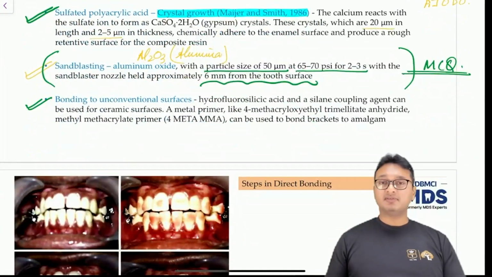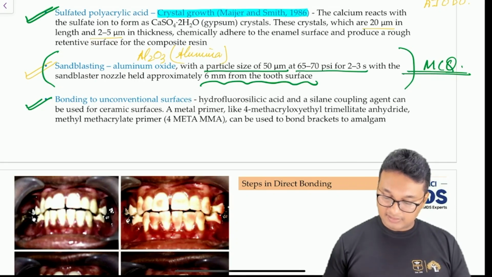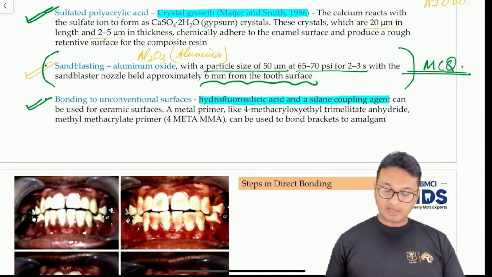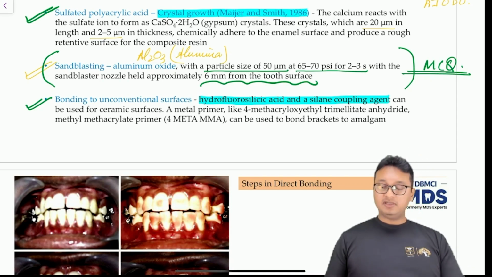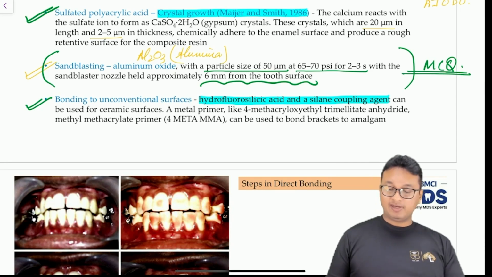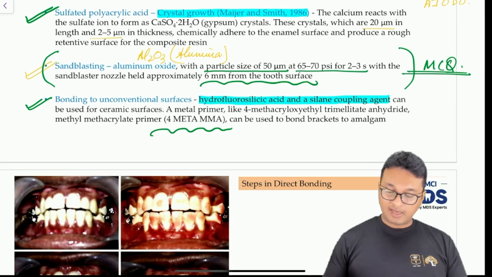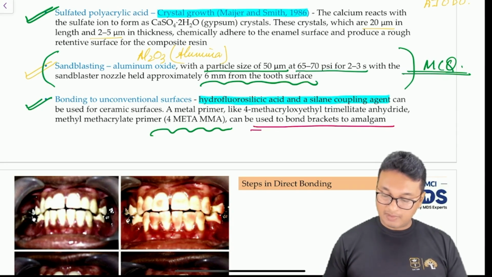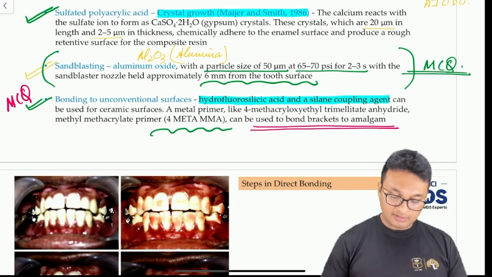So whenever you come across some unconventional surfaces, hydrofluorosilicic acid and a silane coupling agent can be used for ceramic surfaces. A metal primer like 4-methacryloxyethyl trimellitate anhydride in methyl methacrylate, that is 4-META-MMA, can be used to bond brackets to amalgam restorations. Please, it's a sincere request.